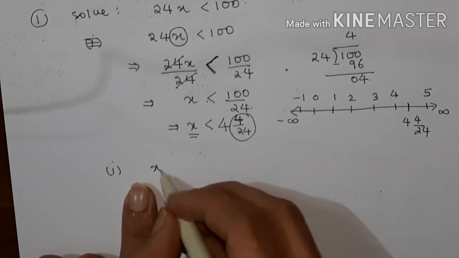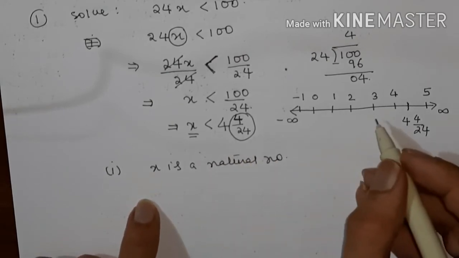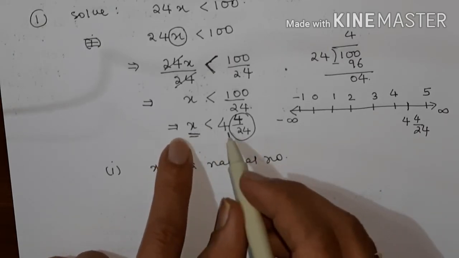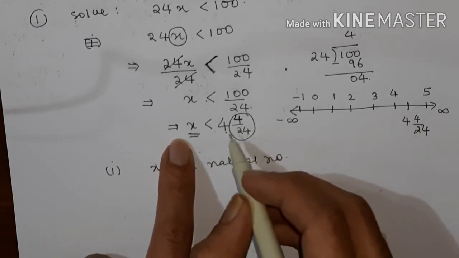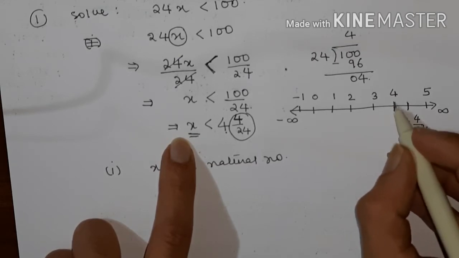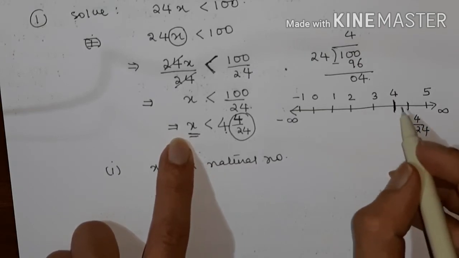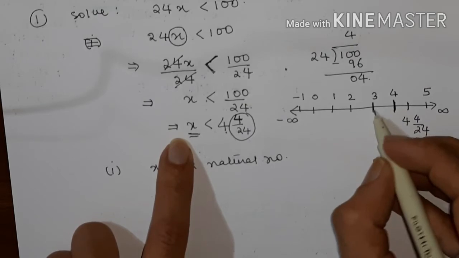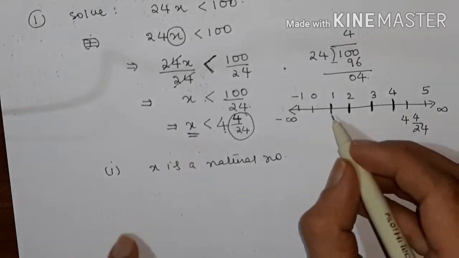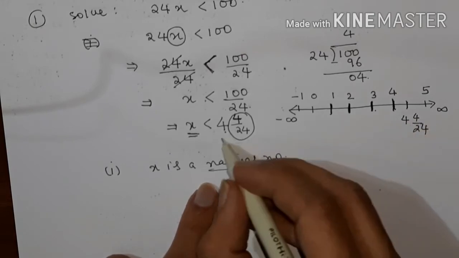What are the values of x which are less than 4 and 4 by 24 and are natural numbers? 4 is one of the solutions, 3 is also, then 2, then 1, because 1, 2, 3, 4 are all natural numbers and less than this.